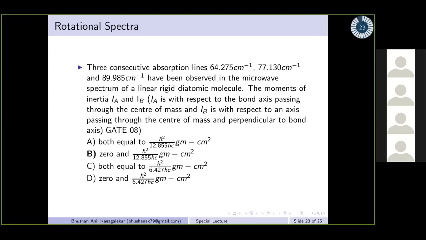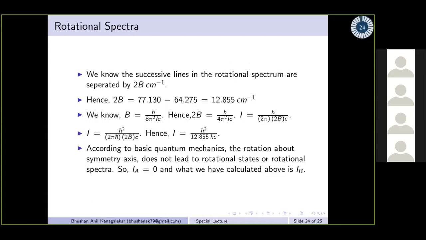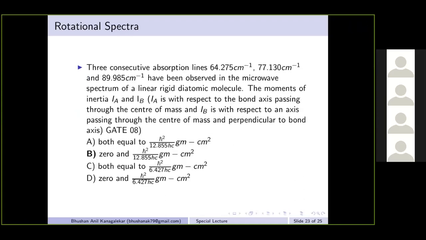In terms of CGS units, the answer is IA is 0 and IB is h cross square by 12.855 HC. Don't get confused with half the value of 2B, that is 6.427.